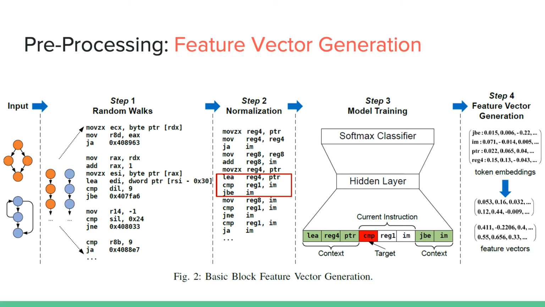Then they average that again to get the embedding for a given basic block. You just sum up all the instructions in the basic block, right? And then once they have an embedding for each basic block, they are now feature vectors that can be passed to the next type of machine learning algorithm that they use.